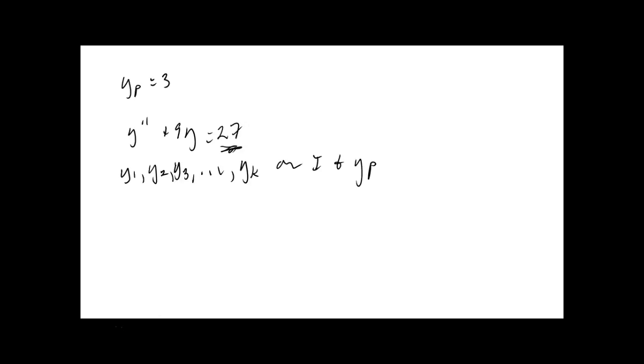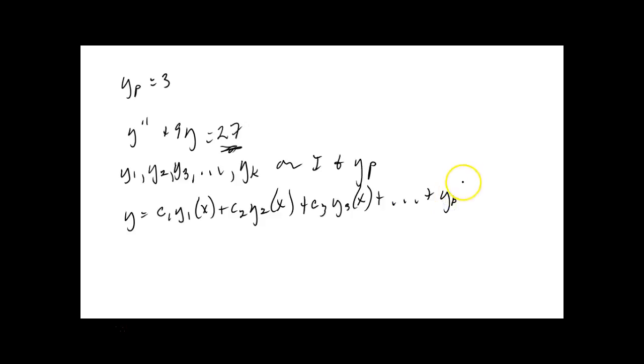Then the linear combination of these, y is equal to c1y1 of x plus c2y2 of x plus c3y3 of x plus ... plus y sub p, and that could be a function of x or not. It could just be a constant. That is also a solution. Okay, I probably should have included the plus c sub k y sub k of x.